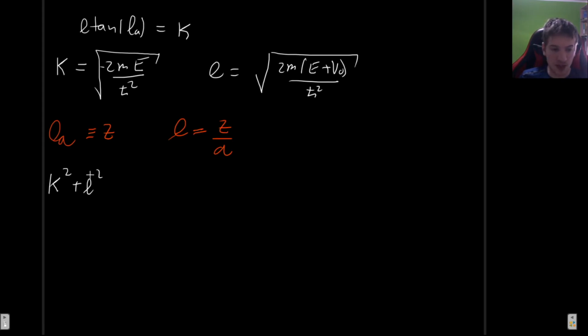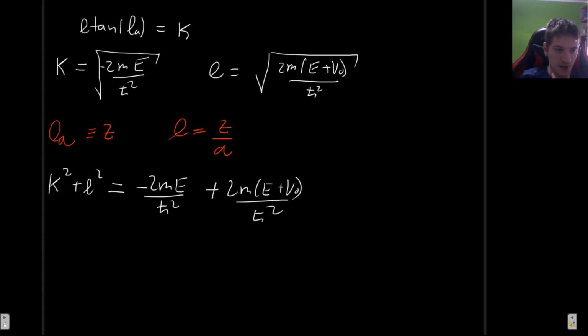This is just minus 2mE divided by h bar squared plus 2m(E plus V0) divided by h bar squared. So the energy part will cancel out, and all we will be left with is 2mV0 divided by h bar squared.